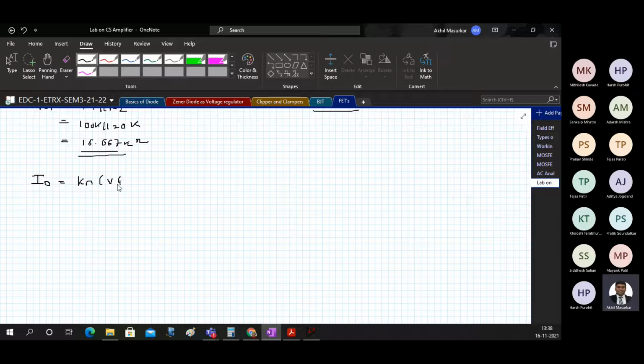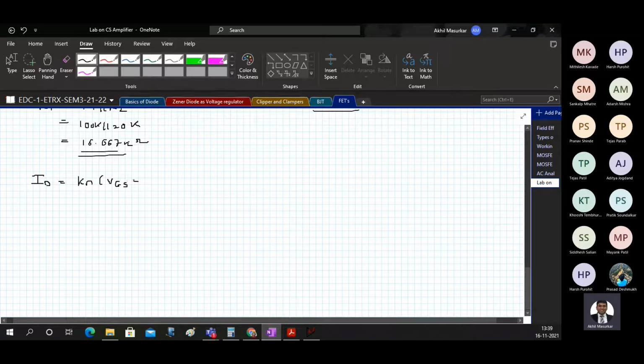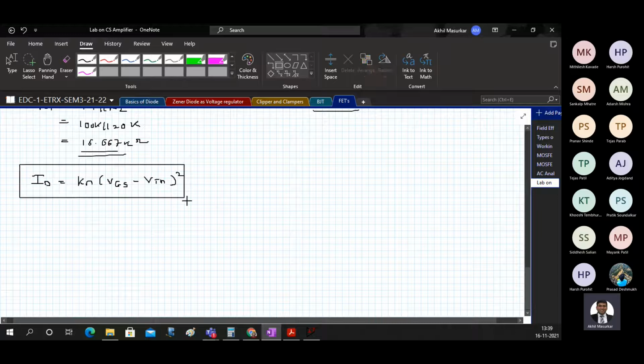But unfortunately these books were written very long time ago, even before the spice simulator came. So Kn is equal into VGS minus VTN. This is the equation that we use, or rather we will say books.